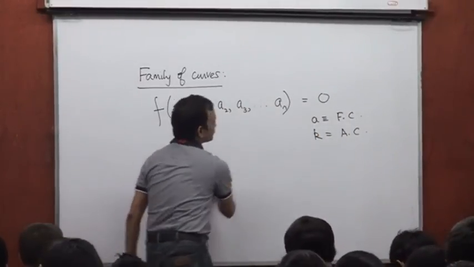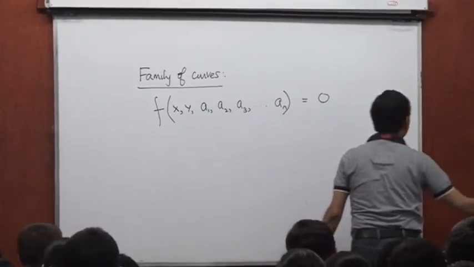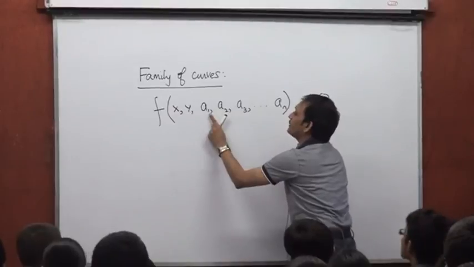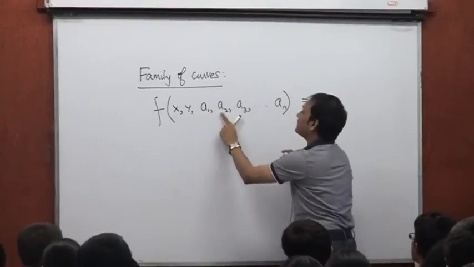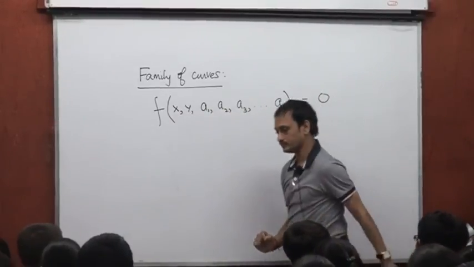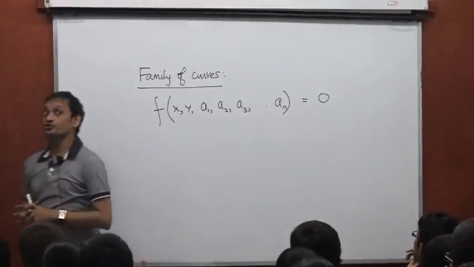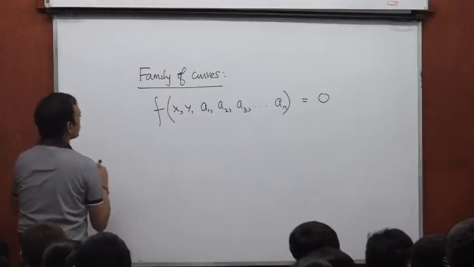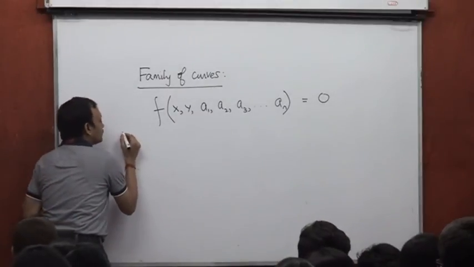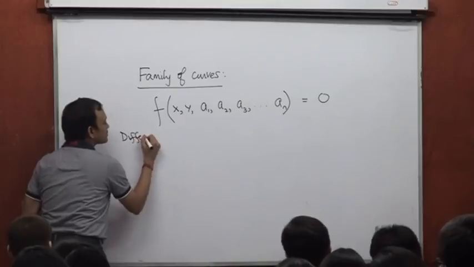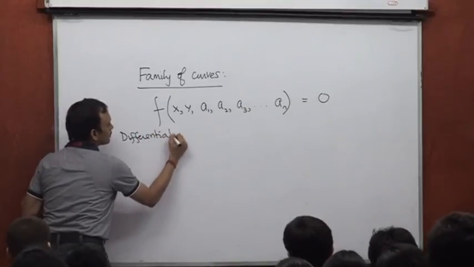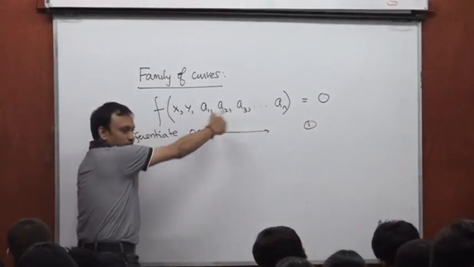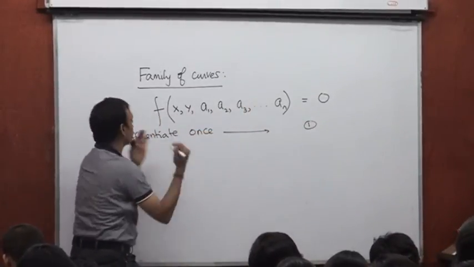In general, when you have a certain curve f, a function of x, y involving n arbitrary constants a1, a2, a3, up to an, what you would have to do is differentiate n times. So you differentiate once, and you get one equation.